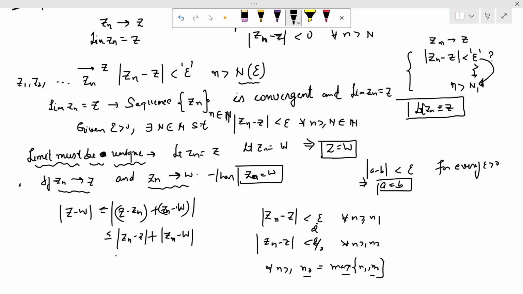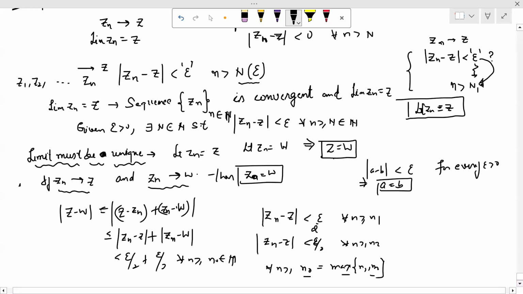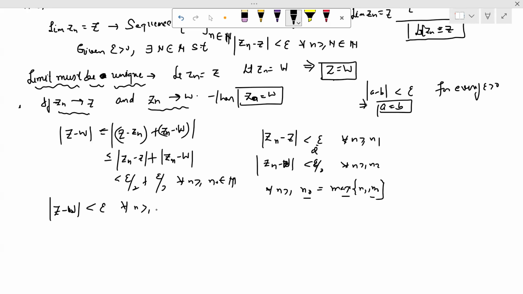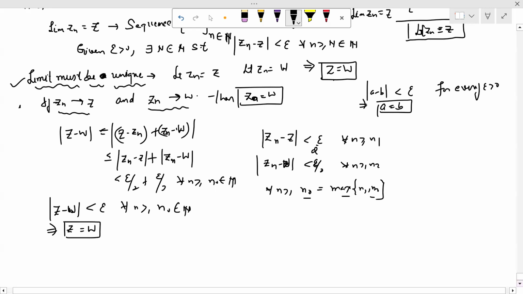Now this can be made less than epsilon by 2, and this also can be made less than epsilon by 2 for all n greater than or equal to n naught, which is the maximum of n1 comma n2. So after n naught, both of these terms can be made less than epsilon by 2. It implies |Z minus W| can be made less than epsilon, and this implies that Z must be equal to W. So always remember, if the limit exists, then the limit must be unique.